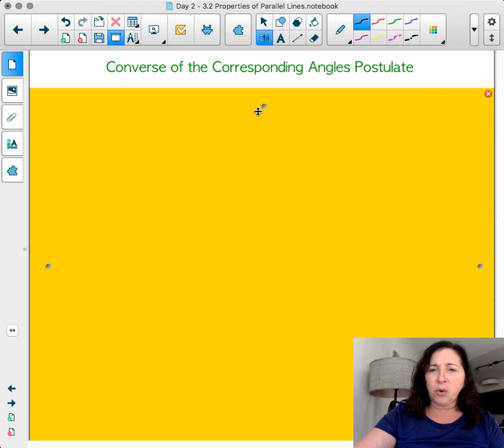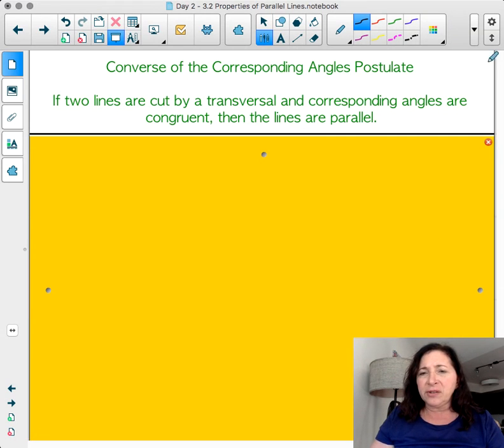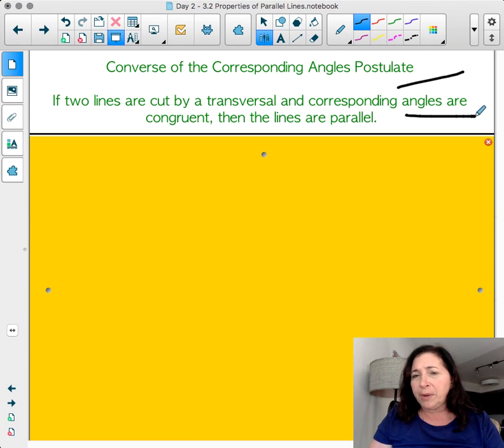The converse of the corresponding angle postulate basically says if two lines are cut by a transversal and the corresponding angles are congruent, then the lines are parallel. All of the converses are basically saying we have two lines, we don't know if they're parallel, but we do have a transversal.